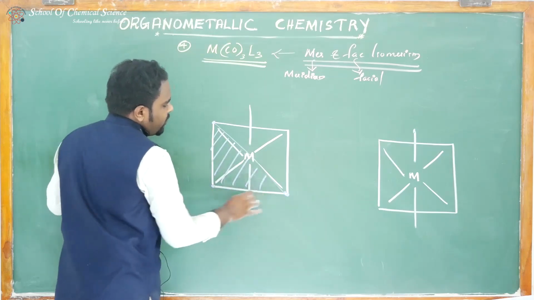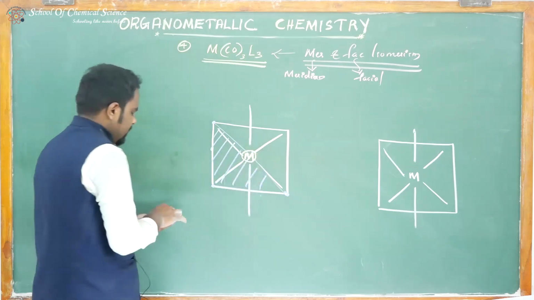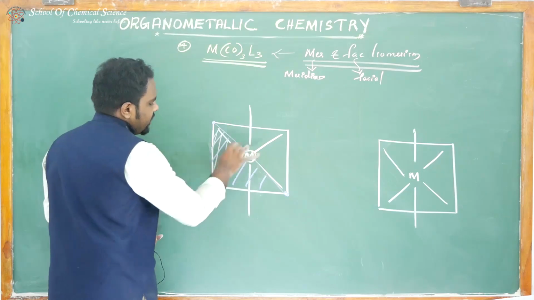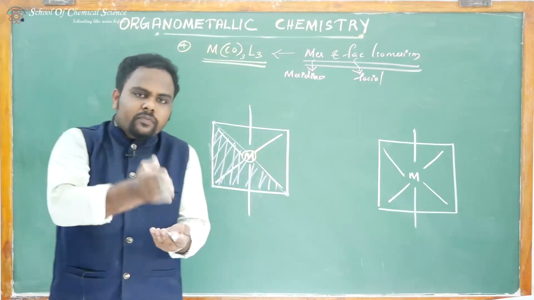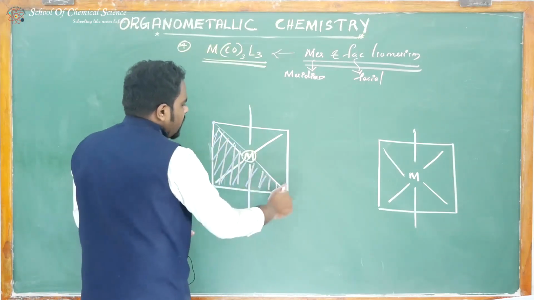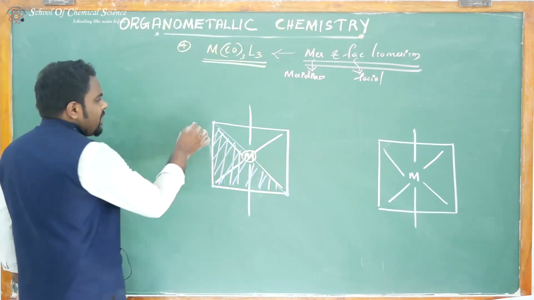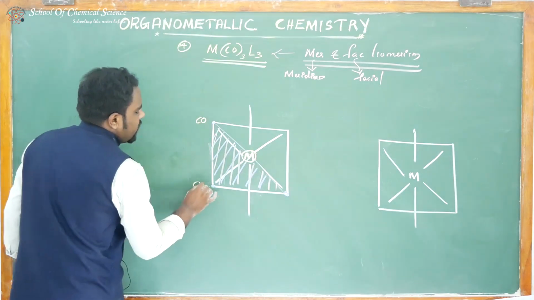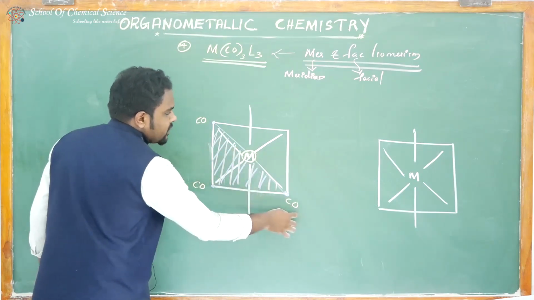You know the meaning of meridian. Metal at the center, and this is a meridian. Meridian means the exact half connecting 3 corners of the square plane. That is called a meridian. At the meridian position, same ligands occupy: CO, CO and CO. 3 CO are occupying the meridian position.